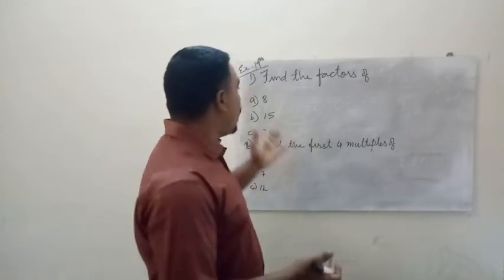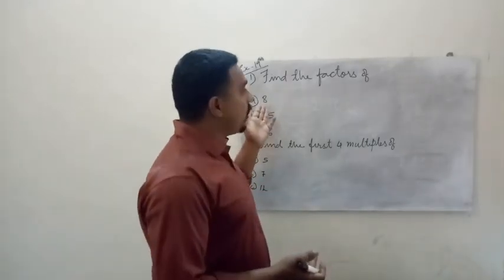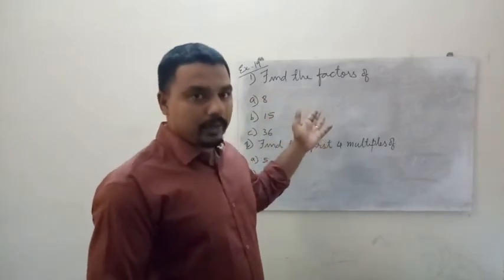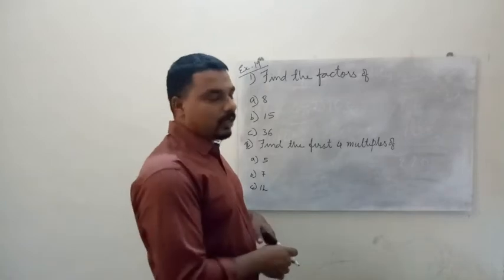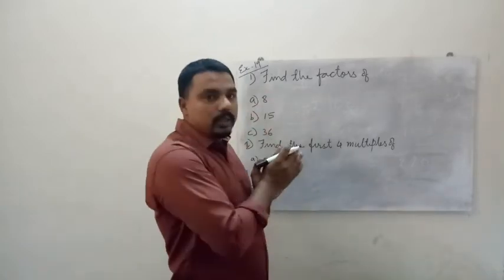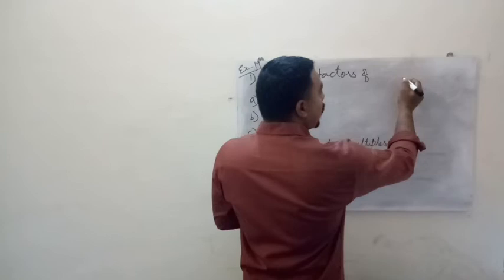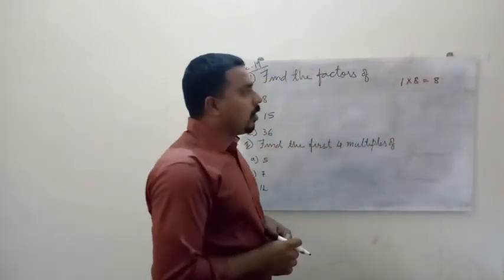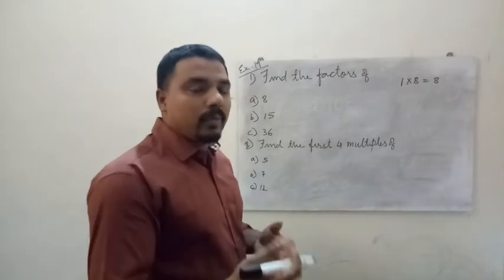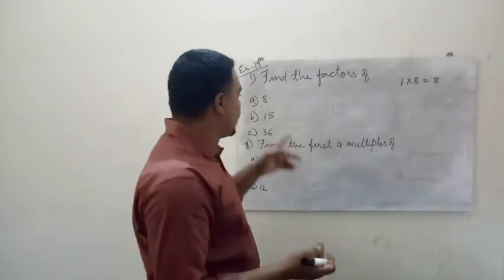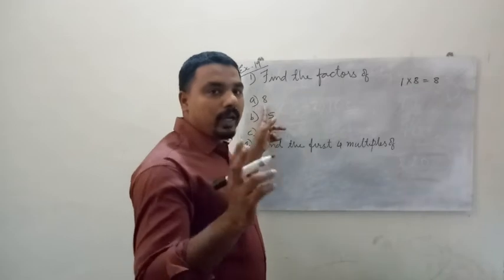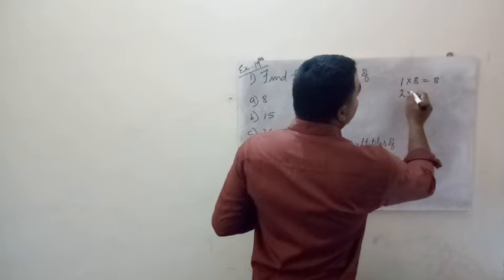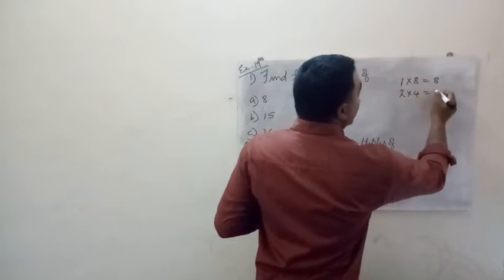As I told, we can find the factors easily by using the multiplication table. So we need to find the factors of 8. Just say 1 into 8 is equal to 8. Next, what are the numbers we need to multiply to get 8? 2 into 4, 2 4s are 8.